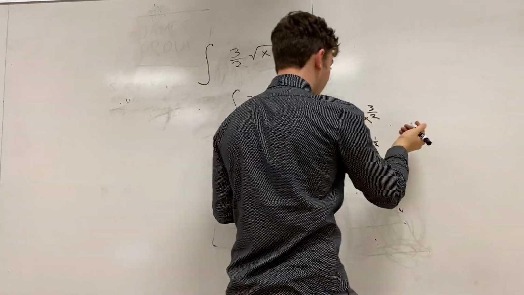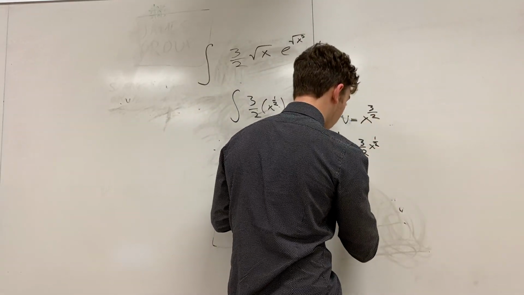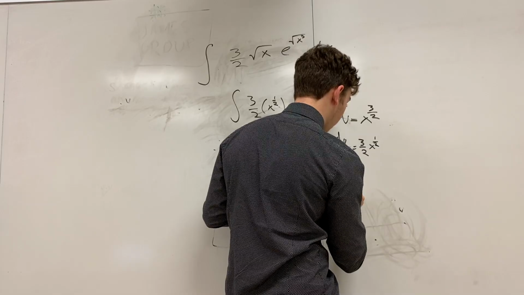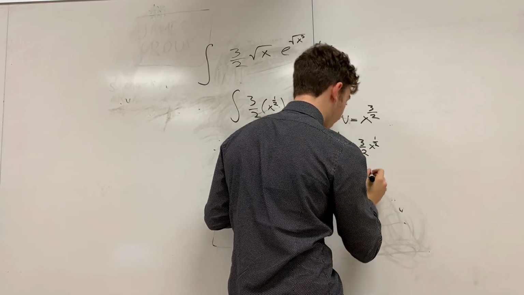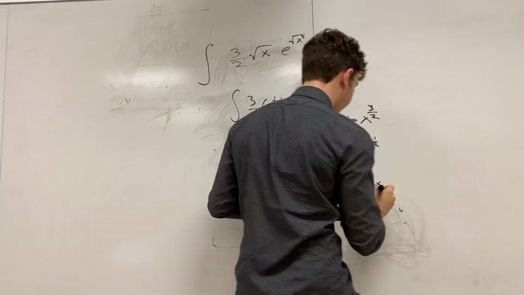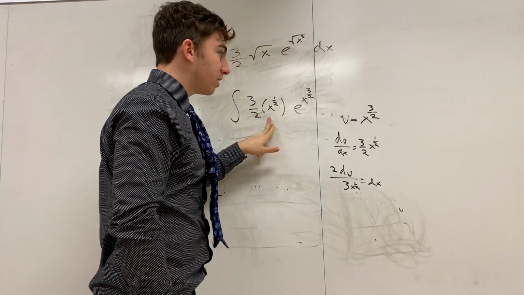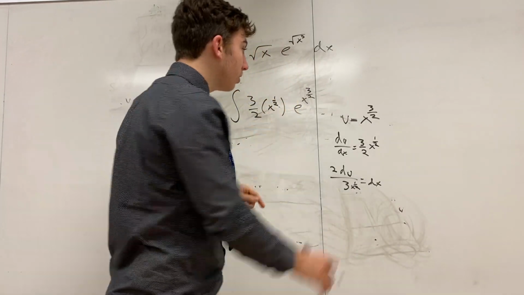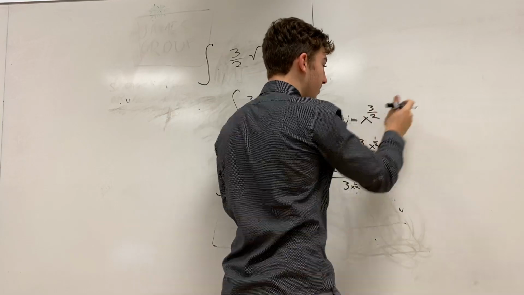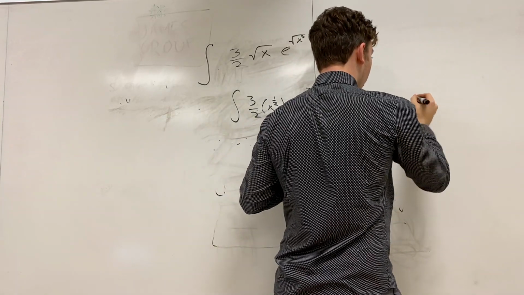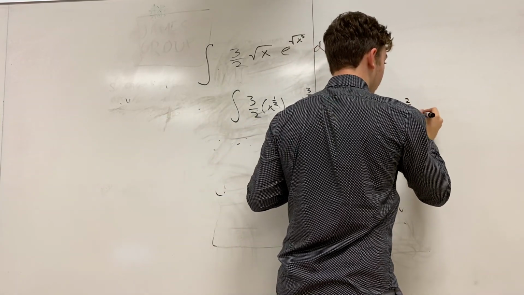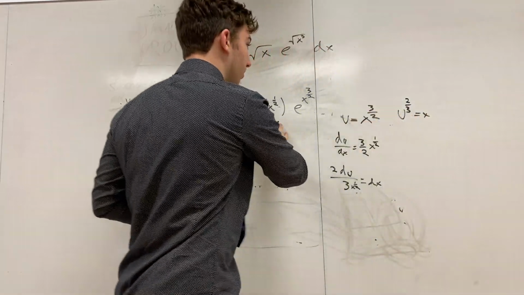Okay, so if we rearrange this, we can have du multiplied by 2 divided by 3 and then x to the power of 1/2 equals dx. And then we also need to substitute something in for x here. So we can say this is the same as doing u to the power of 2 divided by 3 equals x. So now we're going to substitute this in here.